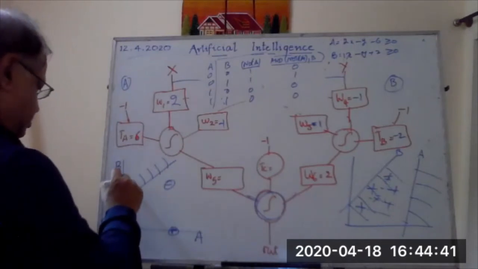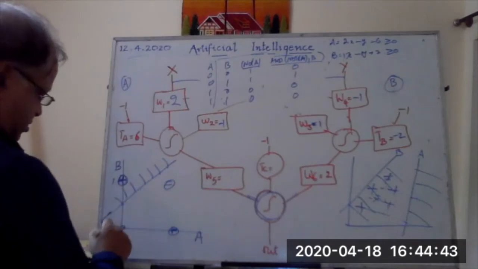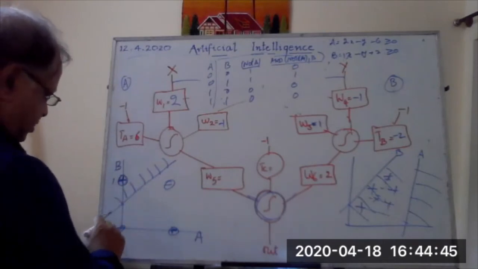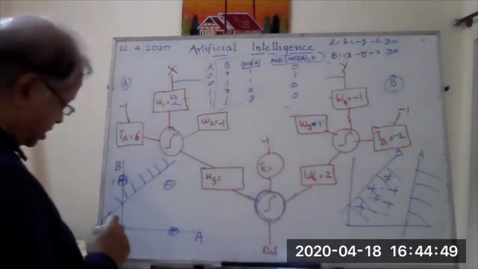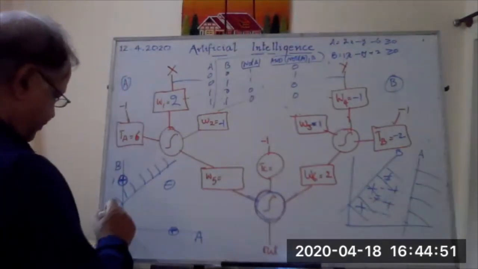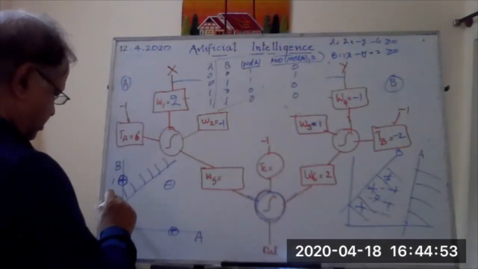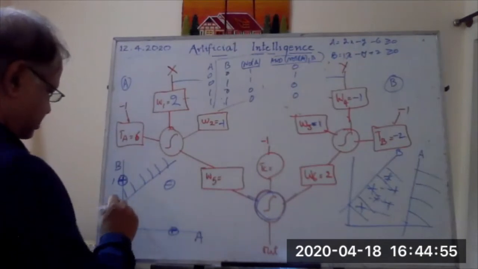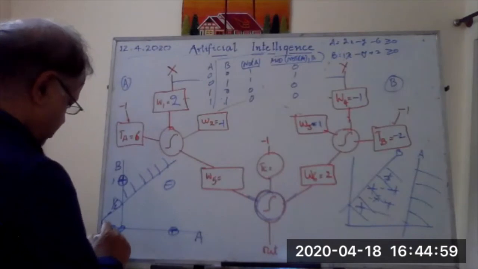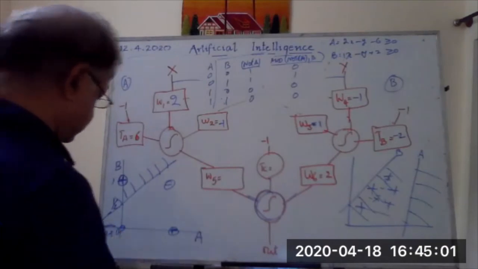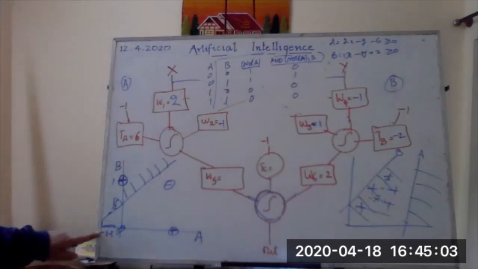I have a line which will cross over here at plus half, and this will cut off at minus 0.5.